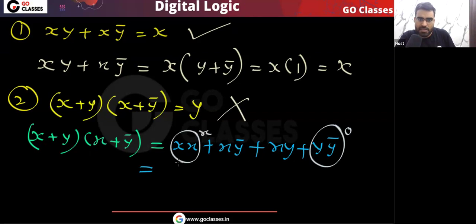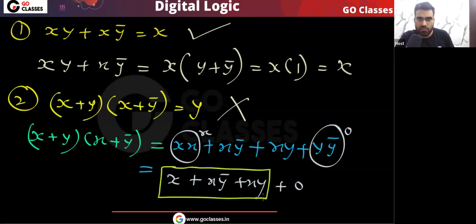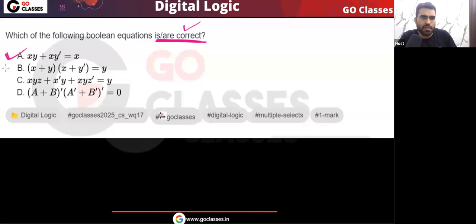This x and x is x. So finally I will get x or xy bar or xy or 0. Now you can apply the absorption law. This will be x. So finally you will get x. So here you can easily see that this option is actually wrong.